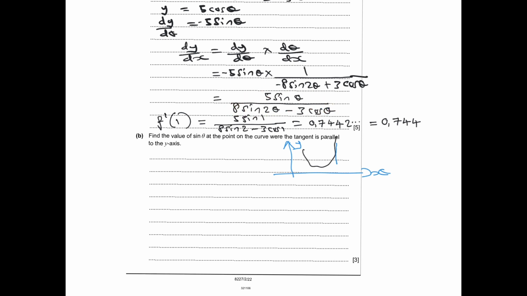When does it become undefined? This derivative dy dx can only become undefined if this denominator 8 sine 2 theta minus 3 cos theta is equal to 0. So if this is equal to 0, then we are going to have an undefined gradient. They are saying find the value of sine theta. So I'll need to erase this for space.